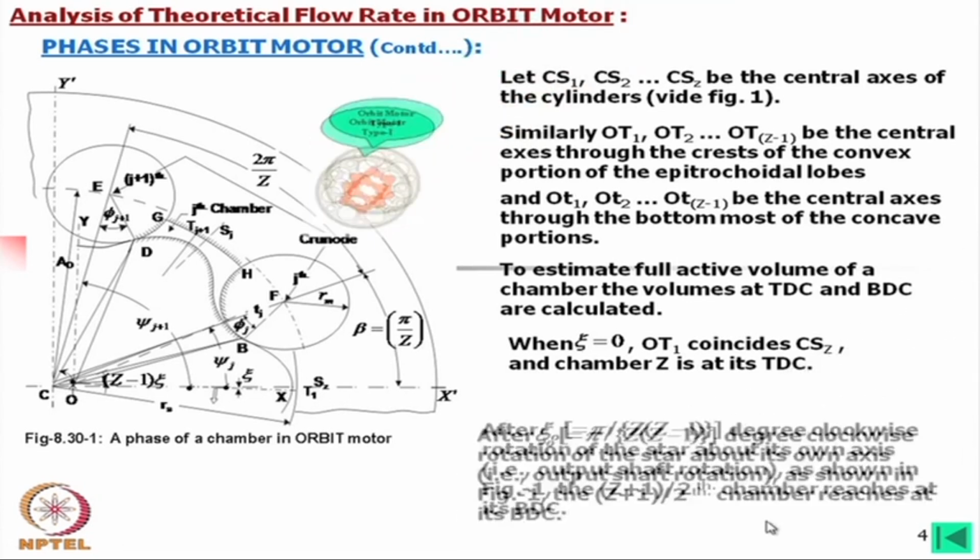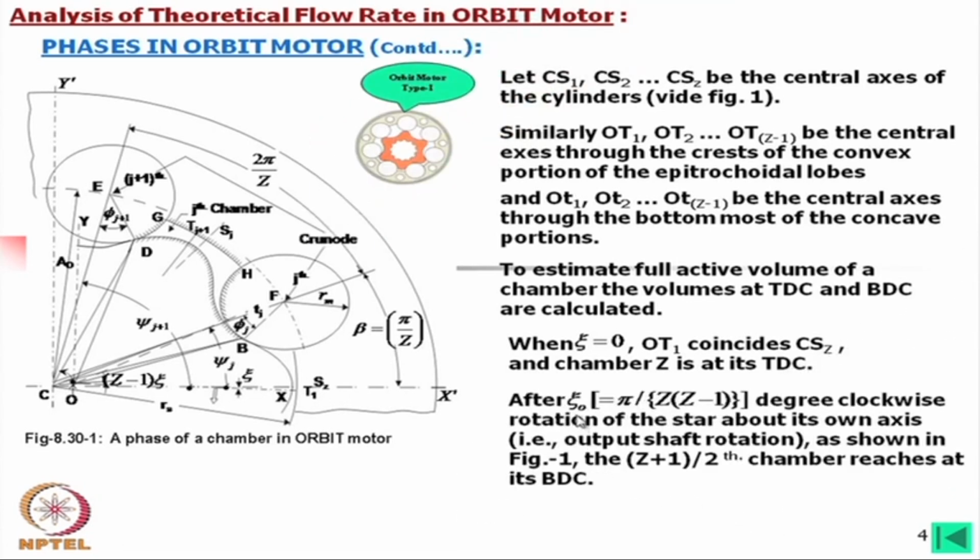Now, after an angle eta 0, calculated as pi by Z into Z minus 1, another chamber, given by Z plus 1 by 2th, reaches its bottom dead center.